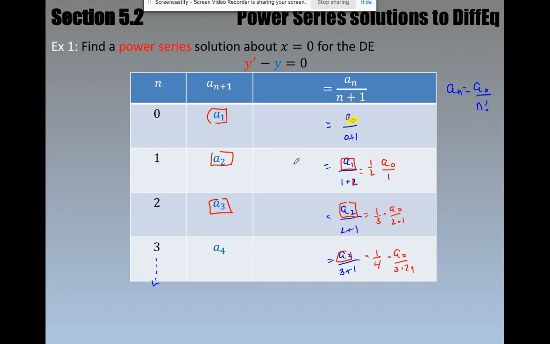A sub 1, right, is equal to a sub 0 over 1 factorial. Same thing. A sub 2, right? A sub 0 over 2 factorial. A sub 3, right? Crazy, crazy.